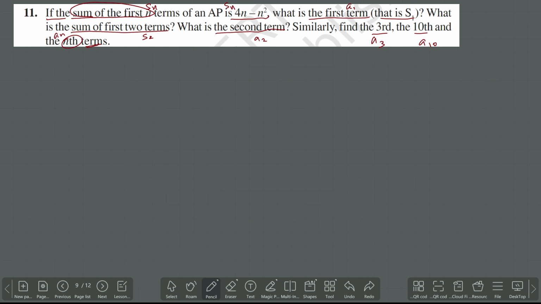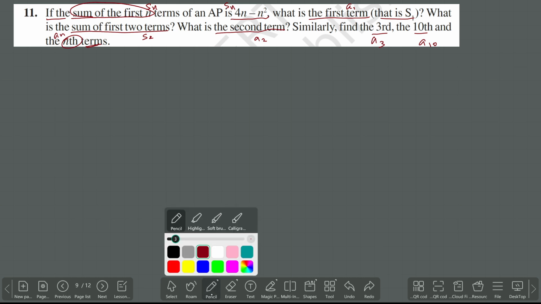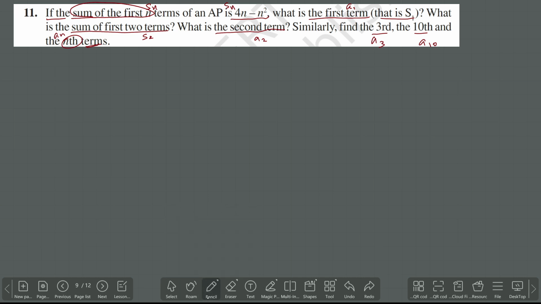Don't think S3, S10. Sum is over here. After that, term started. So similarly, there are a lot of questions they asked to do. Given is very little, only one thing: Sn equal to 4n minus n square. That's it.